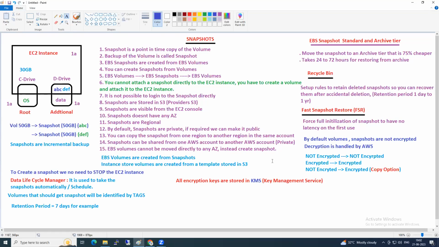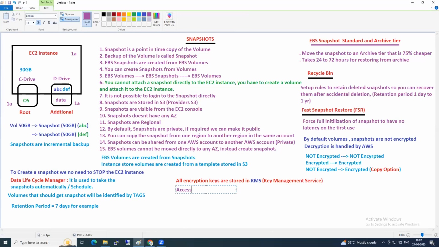The answer is no. Access keys and secret keys are in IAM. Encryption keys are in KMS. So don't get confused, that's the reason I'm putting it here. Access and secret keys are for access purposes.